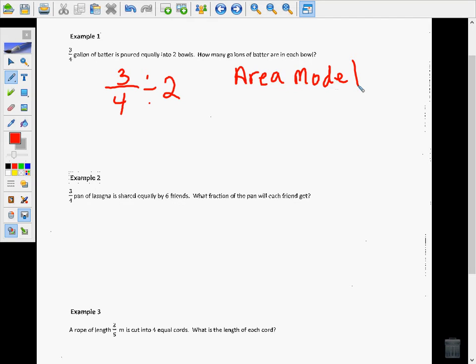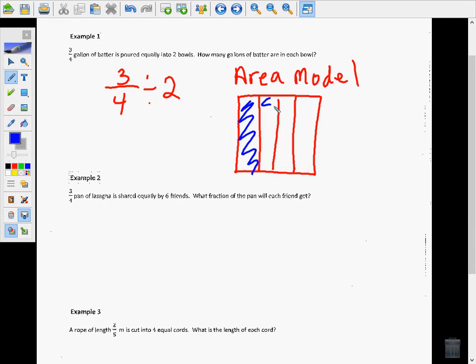So we're going to first model 3/4 by drawing a rectangle and dividing it into 4 parts. Since we're modeling 3/4, we should shade how many? 3. There's 1/4, 2/4, 3/4. Next, we need to model 3/4 divided by 2.